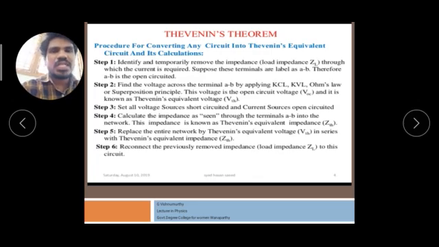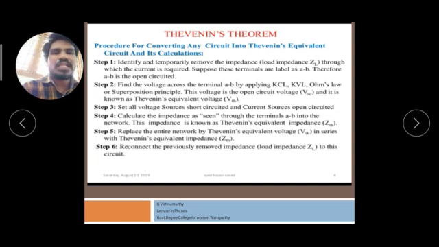The first step is identify and temporarily remove the impedance through which the current is required. Suppose these terminals are labeled AB, therefore AB is open circuited. Step 2, find out the voltage, that voltage is known as VTH. Step 3, set all voltage sources short circuited and current sources open circuited.